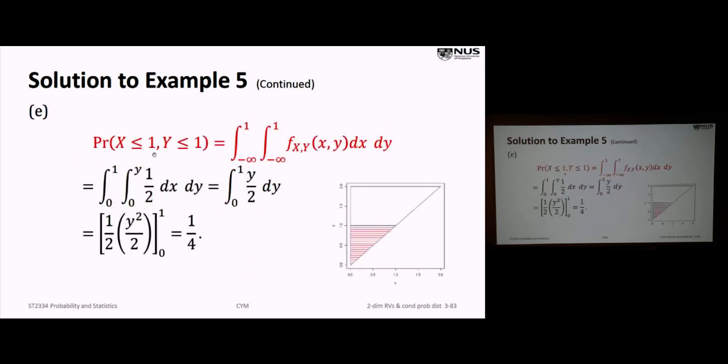So the probability that x is less than or equal to 1 and y is less than or equal to 1. Now remember that our entire integration region is this triangle. But now what we have is that x must be between 0 and 1, and y must be between 0 and 1, and y is bigger than x. So our integration region is this triangle.